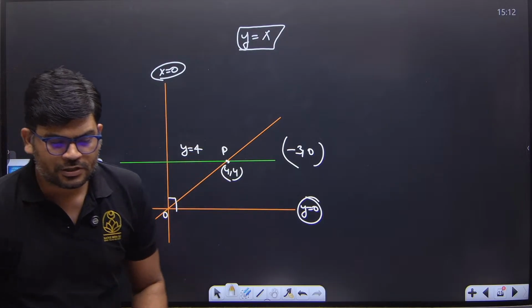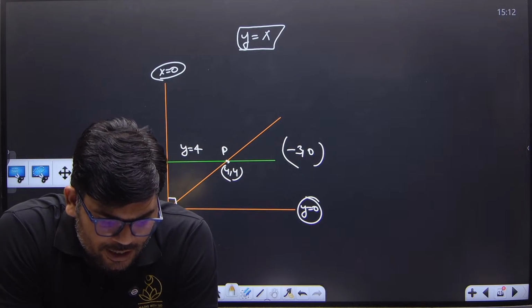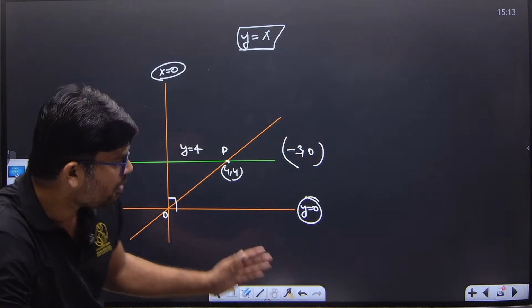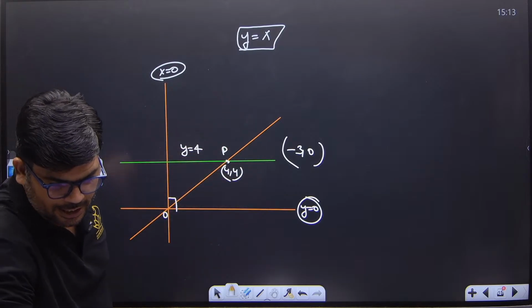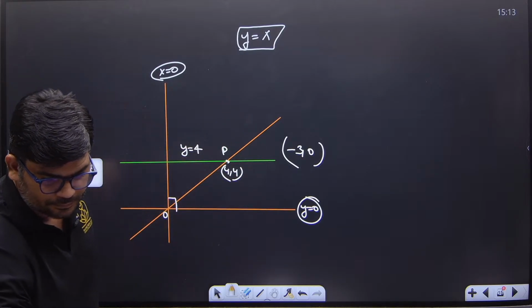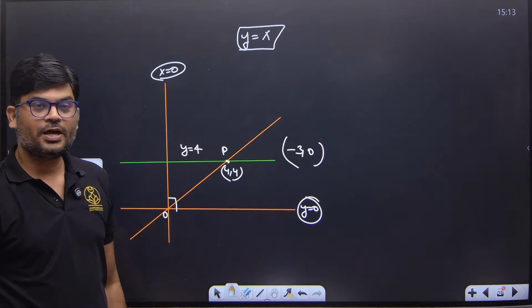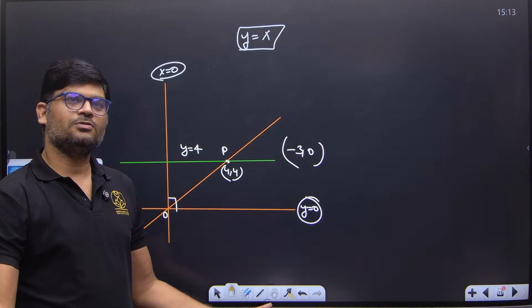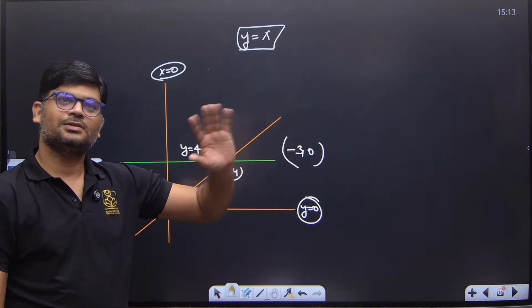Now the third part they have asked is to find the equation of line L2. We have already done it, y is equal to x. I think all the questions have been answered now. You can write y minus x equals 0, or x minus y equals 0, or y is equal to x. Everything works.